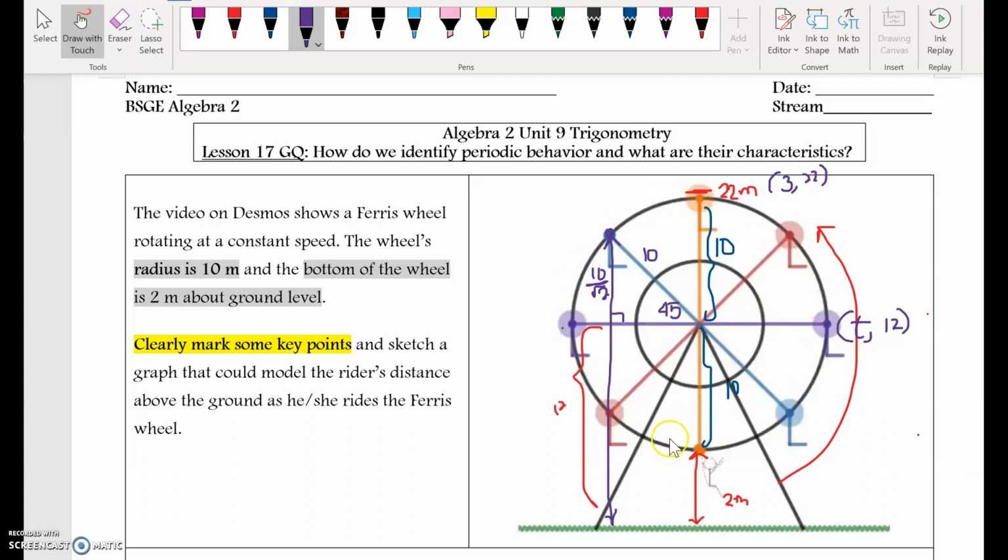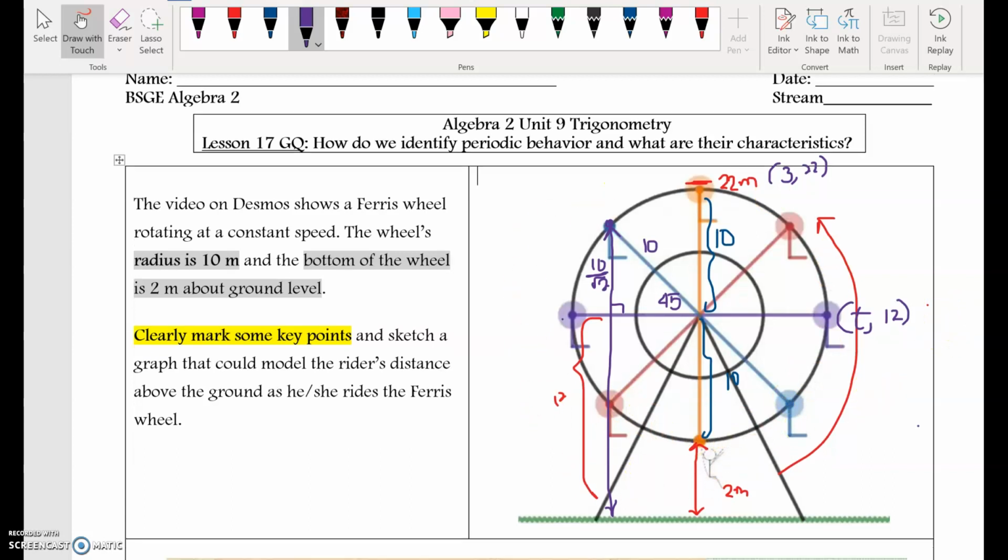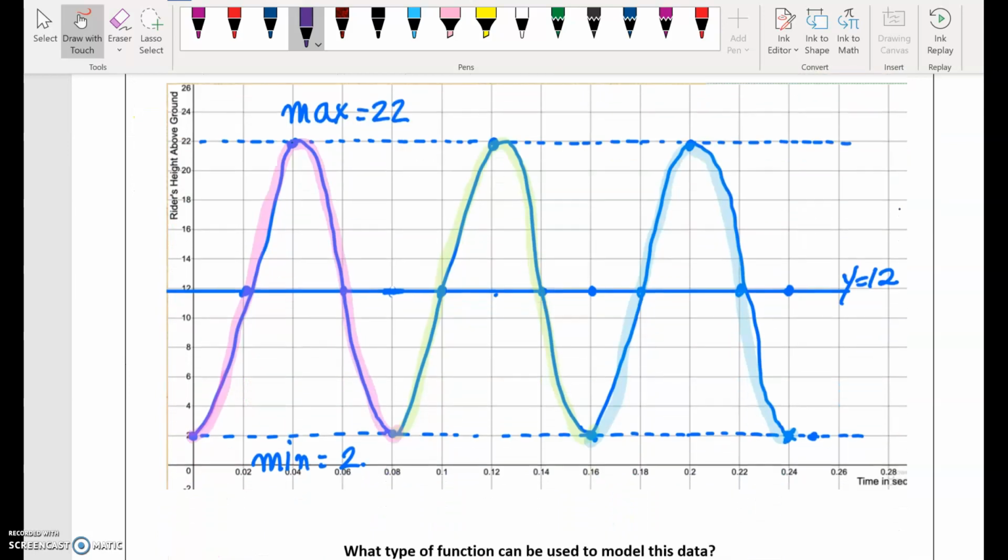So if you notice, the cycle keeps repeating itself. When you graph it, it will look something like this, where it started at 2 meters at time 0, and it hits the max at the highest point of the Ferris wheel, and then it comes back down. So this was one cycle, or one rotation of the Ferris wheel, and another rotation, and it repeats the cycle in the same behavior.